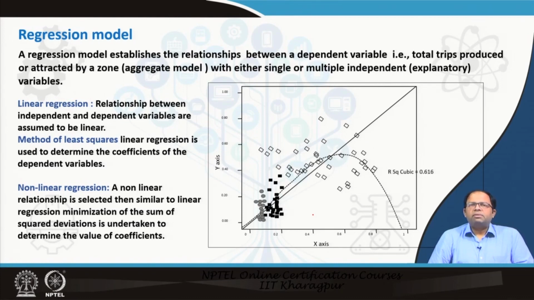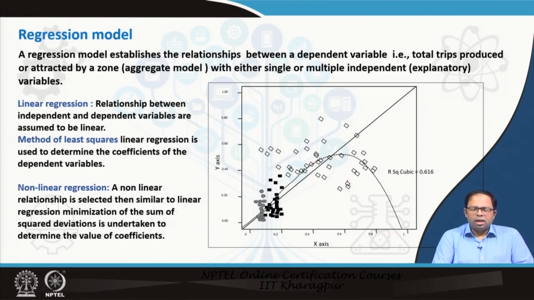And as we have discussed earlier, using the method of least squares, linear regression is used to determine the coefficients. There could be many independent variables used in predicting a dependent variable, and we determine the coefficients of these variables. If it is a linear regression, then we use the least squares method, as we have discussed earlier.